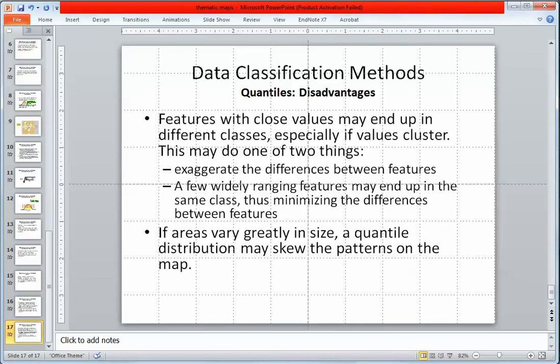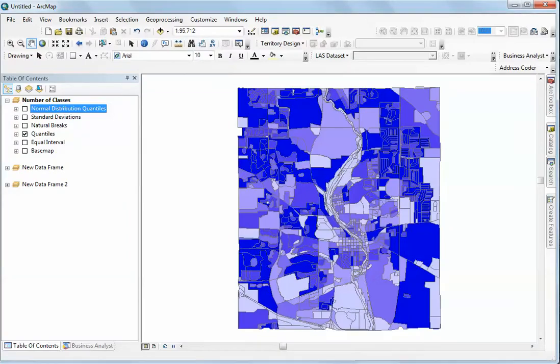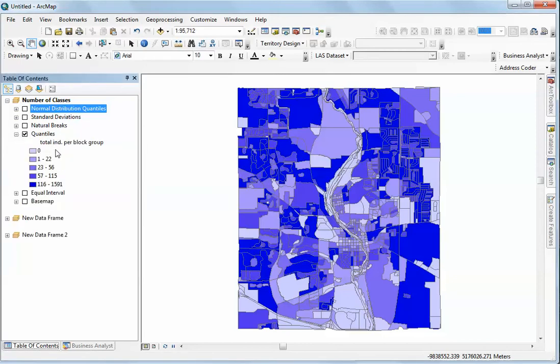So let's take a look at our data, and we're going to look at a couple different things here. In this case, we have a quantile distribution, and I'm going to open up the legend here. You'll notice that in the first class, we have all of the values that are zeros. So we have enough of our block groups that have 0 population in it that they fall into a single class.